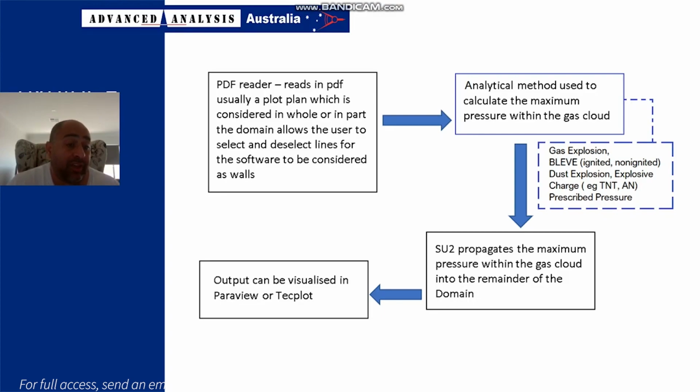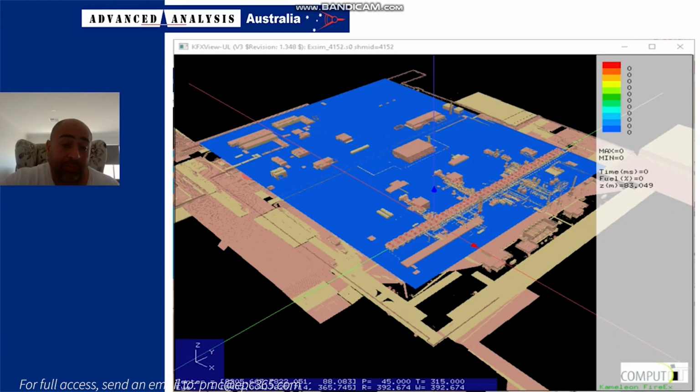So you're basically solving at the ground level, and then the output is visualized with ParaView, a very powerful visualizing tool that shows you exactly how your explosion is interacting with the rest of the domain.